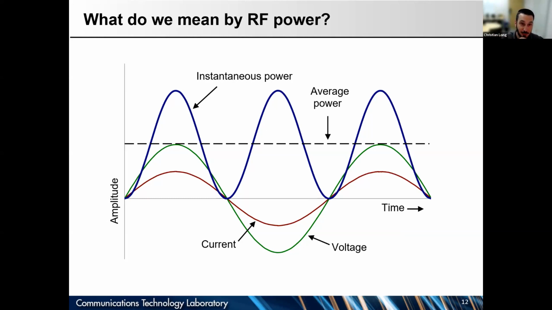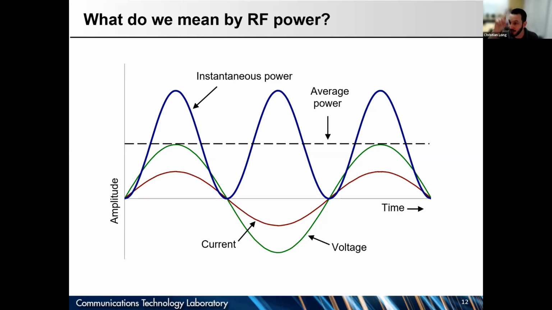So what do we actually mean by RF power? Well, it has power in it, so that's energy per time. If you're driving some frequency domain waveform, some sine wave, into a resistor, for example, then there's some current and some voltage through the resistor at some time, and there's some instantaneous power being dissipated.